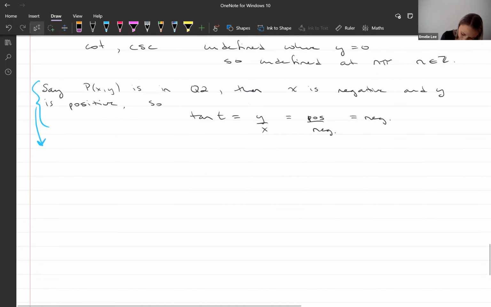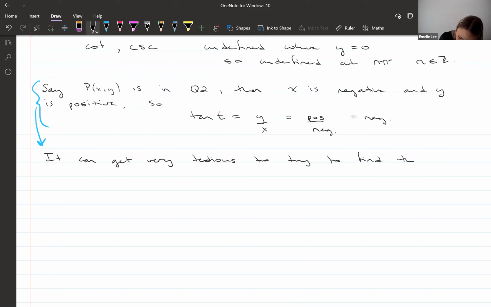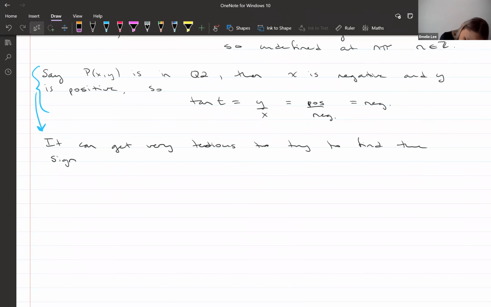It can get very tedious to try to find the sign, S-I-G-N, the sign of each of the 6 trig functions for each problem.